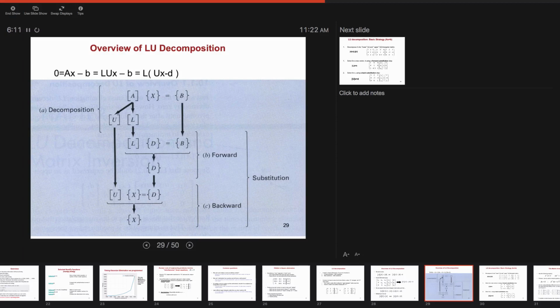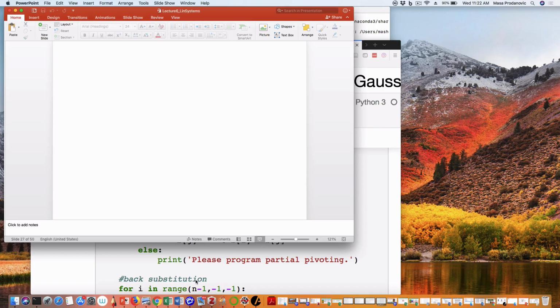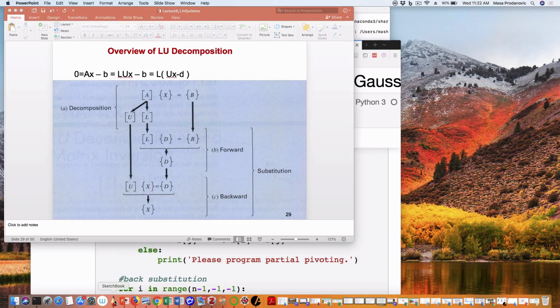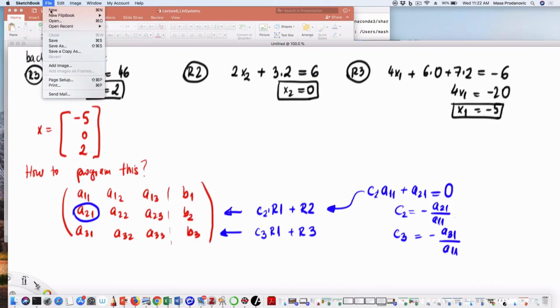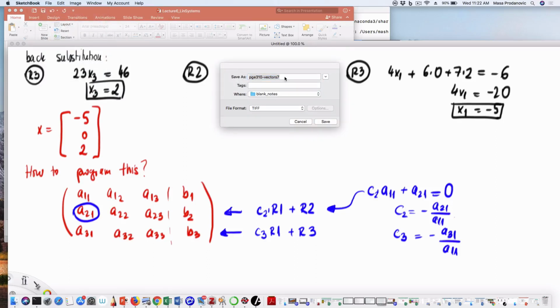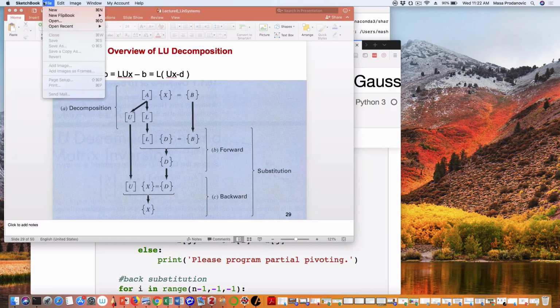Okay, so basically my topic here is LU decomposition.